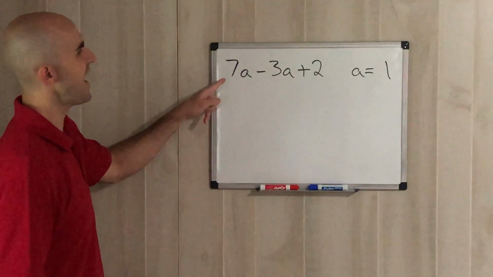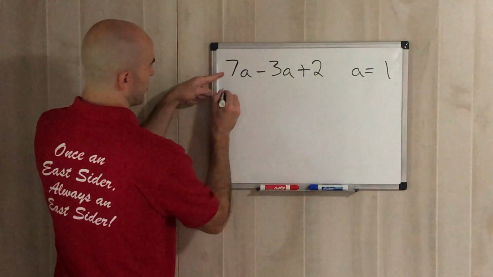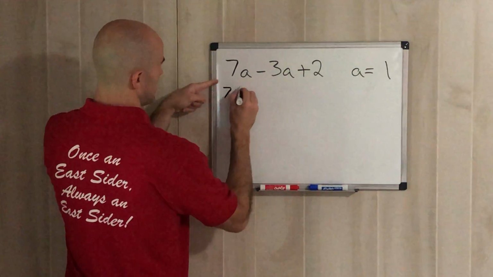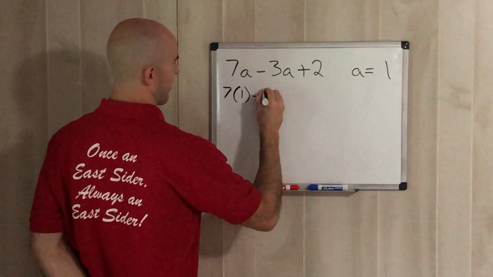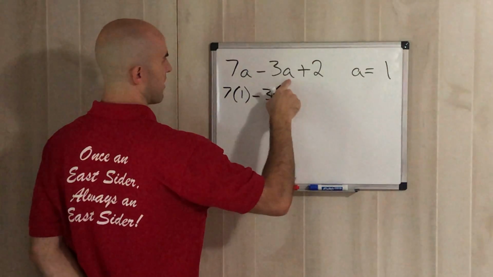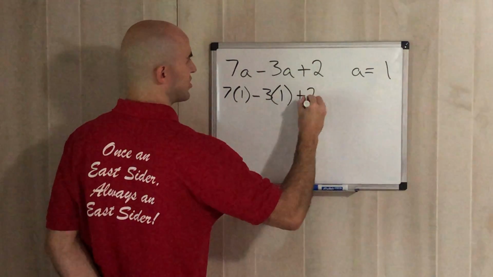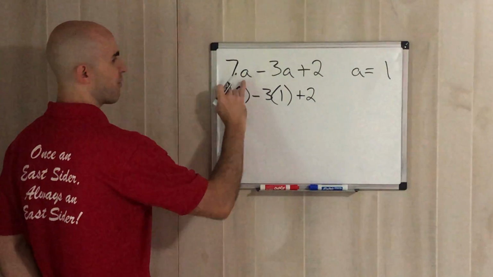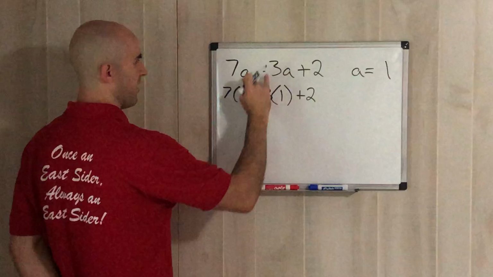So wherever we see a, we're going to substitute it for 1. In this case, it's going to be multiple places. So we would do 7 times 1, right? Minus 3 times, again, wherever we see a, it's 1, right, plus 2. So all we did, everywhere we saw a, we substituted 1. Everything else stayed the same, right?